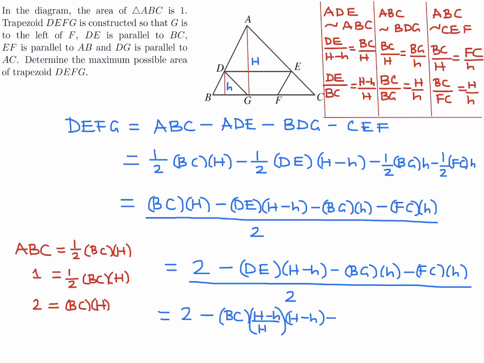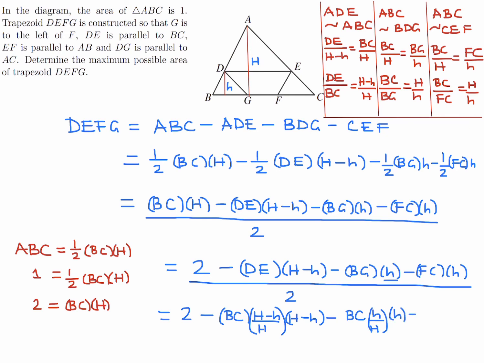Okay, BG here. This BG I can get from this guy, and that's going to be in terms of BC, and it will be BC times small h over big H, like that. And then don't forget this small h.